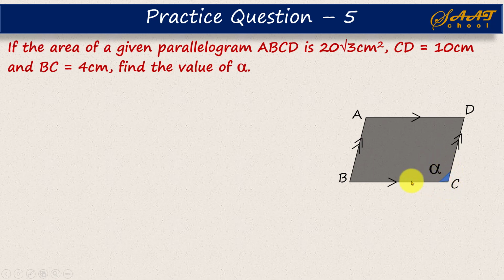In that case, we use the relation for BC and CD, meaning two adjacent sides and the angle between them.